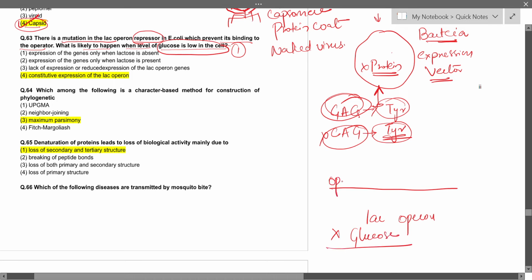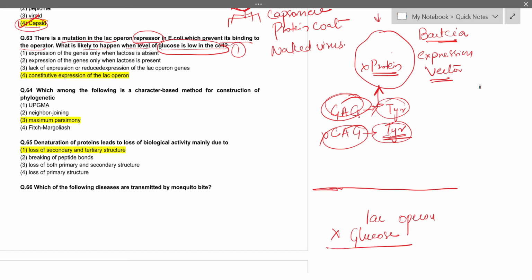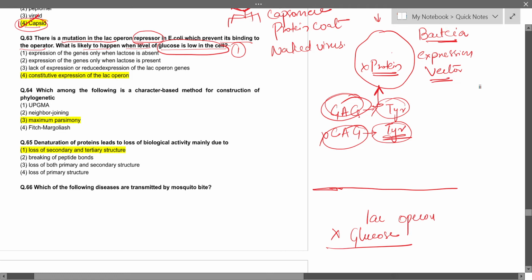Here is the operator, and before this is the promoter, and then there is the operator, and there are Z, Y and A genes. Now on the operator, there is a bound repressor.